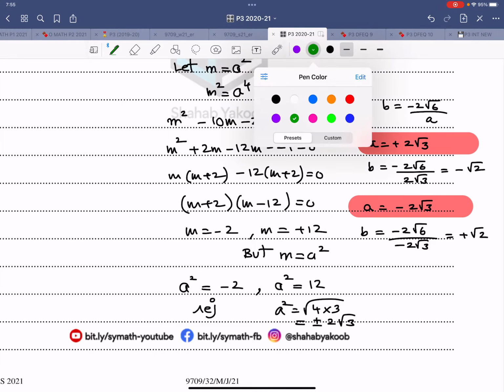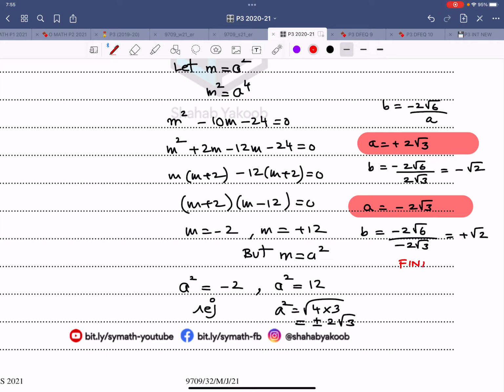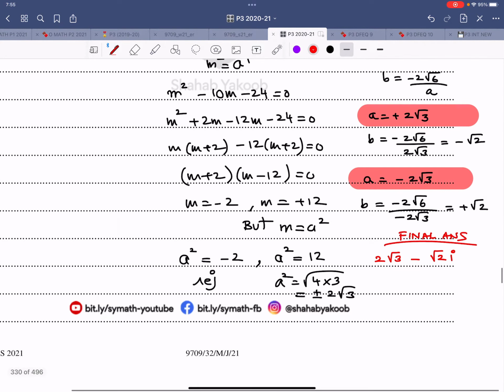So final answer for the square roots, one answer is 2 root 3 minus root 2i, because the coefficient b is the coefficient of the imaginary part, and the other one is negative 2 root 3 plus root 2i, and therefore these are not conjugates, they have nothing to do with that. These are just square roots of a complex number. Now this thing is done.